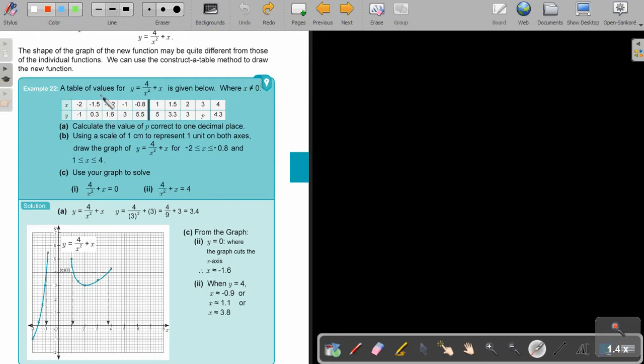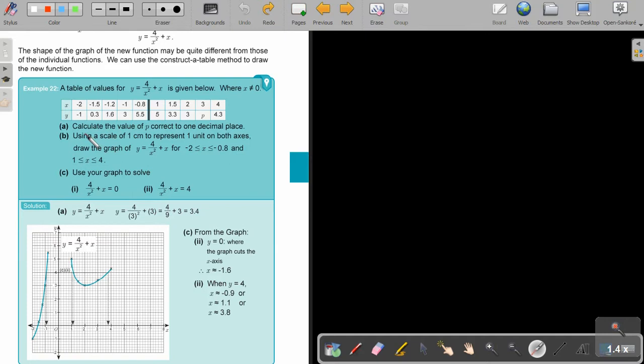If I give you the table, now very important, why can x not be 0? Because dividing by 0 is invalid and I must block it out. And that block out means that I cannot put a line like this or a line like this. I cannot go over the y-axis. Very, very important. If you connect that, you are going to lose marks in the exams.